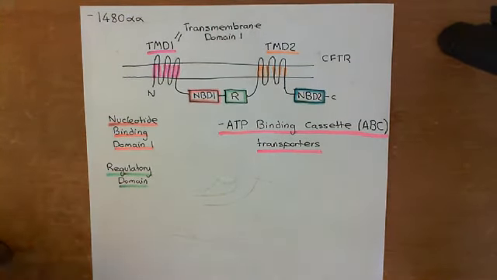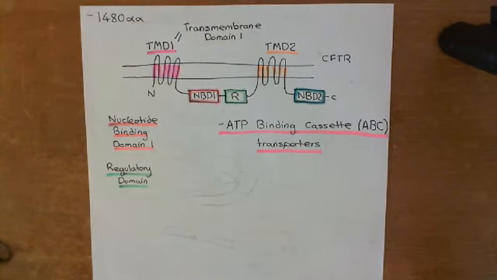But the other members do function as transporters. They are primary active transporters, which bind ATP and hydrolyze it and use the energy released by the hydrolysis of the ATP to pump a molecule across the membrane.